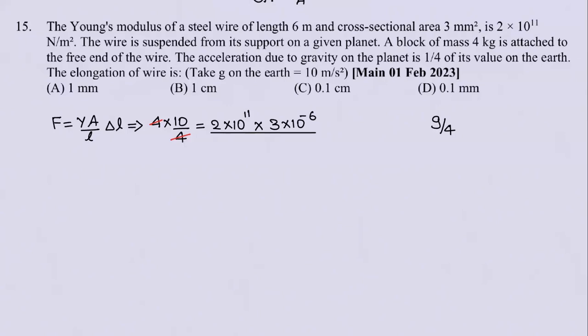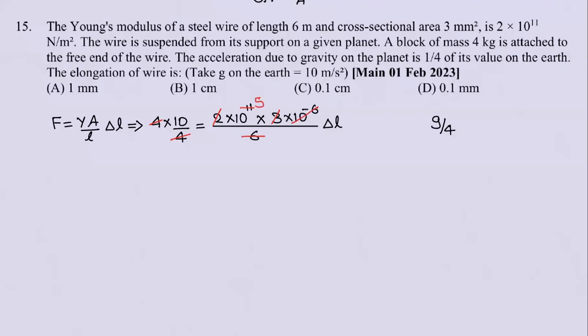Okay, what is length L? Length is given, 6 meters is given. Good, into delta L. Yeah, 2, 3s are 6 gets cancelled. This will be 5 times 10 power 5.